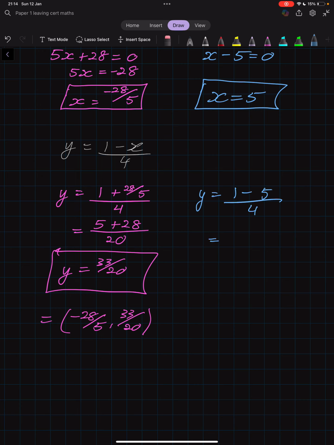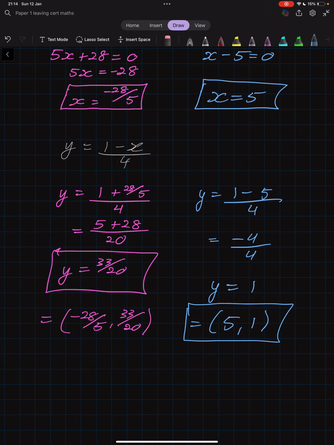And this means we have 5 and minus 1. So those are your two solutions. Sorry, it's minus 1.